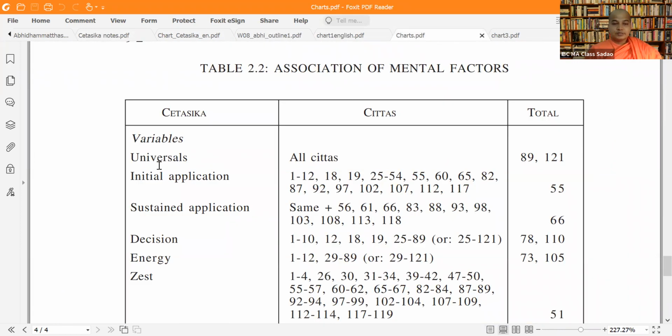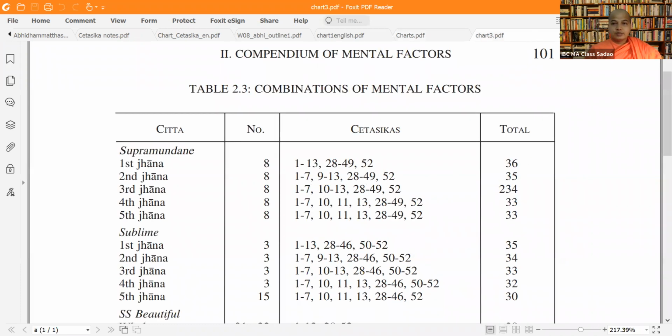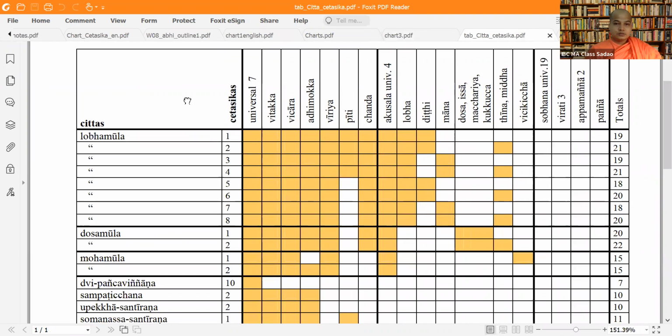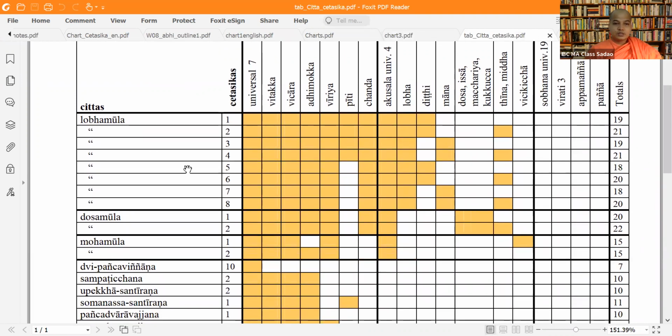Universals, right? Sabbachitta Sadharana, 7, right? All chittas. That can be 89 or 121. But I have provided you another chart. This one. Did you look at this chart?